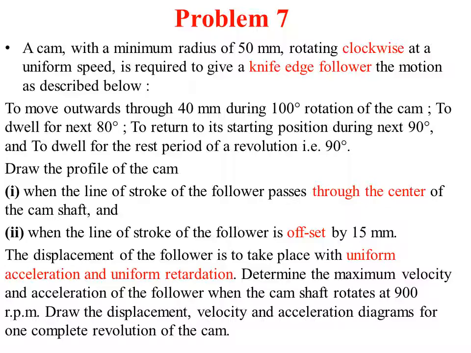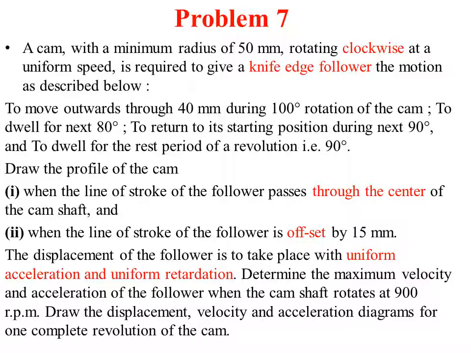Now we need to draw the profile of the cam when the line of stroke of the follower passes through the center of the camshaft. That means the axis of the follower and axis of the cam are in line. Next, we need to draw the profile of the cam when the line of stroke of the follower is offset by 15 mm.